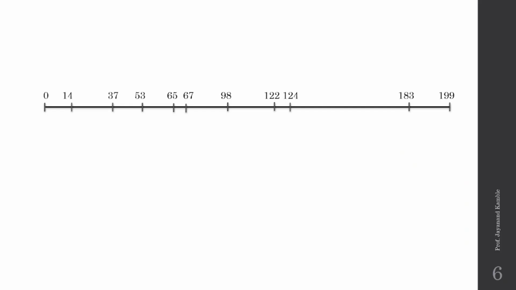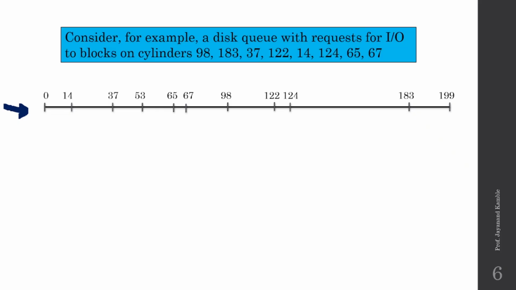Considering the diagram that I am showing you, this is our entire disk with all cylinders from 0 to 199, and the cylinders are marked as per the request queue in FIFO order.